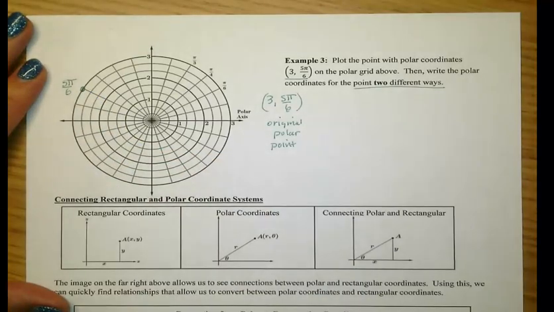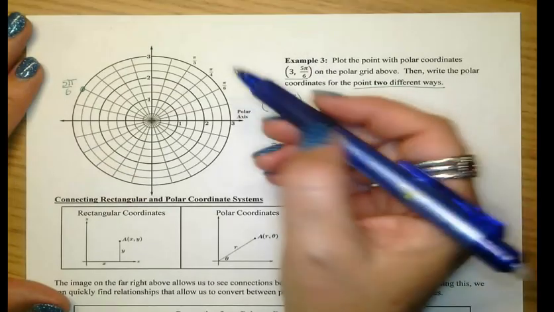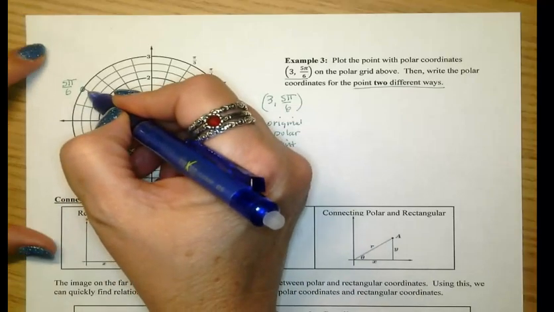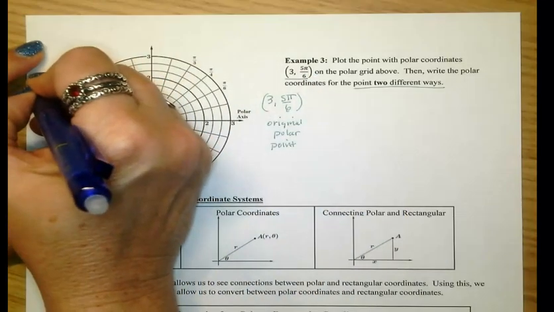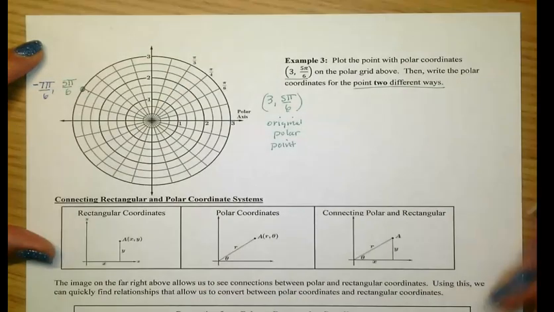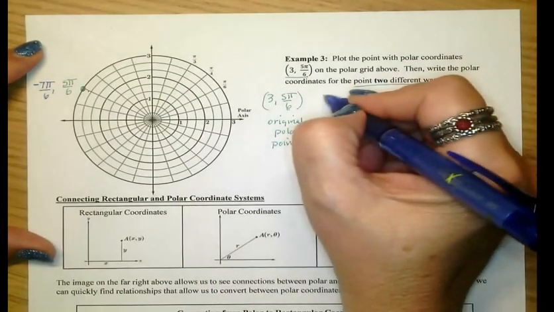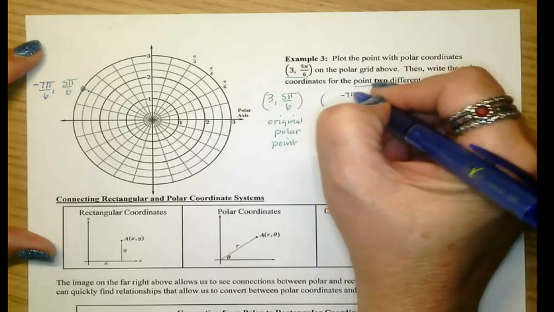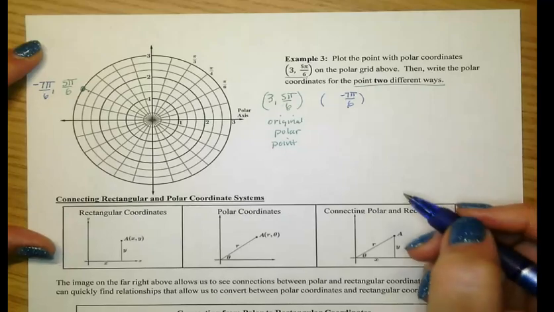So the first part that we're going to do then is what happens if we rotate in the negative direction. So if we go from here to this same angle right here, we know in the negative direction it's negative 7π/6. So my next coordinate that I'm going to have is going to have an angle of negative 7π/6.